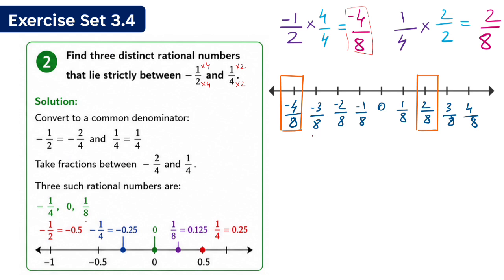So I can choose -3/8, -2/8, -1/8. I can also choose 0, or I can also choose 1/8. So any of these three, because we are just asked for three, it can be any of these. It doesn't matter if the denominator is different or the same, but it has to be between both of these rational numbers and they all have to be different. I hope the question is clear.